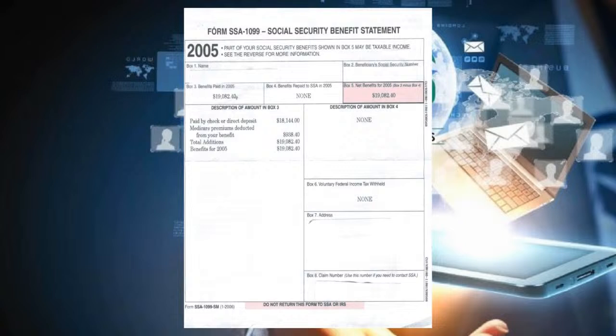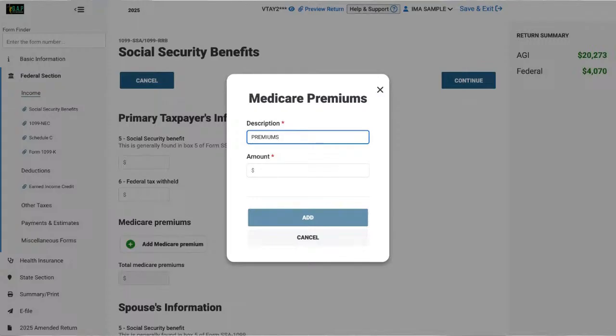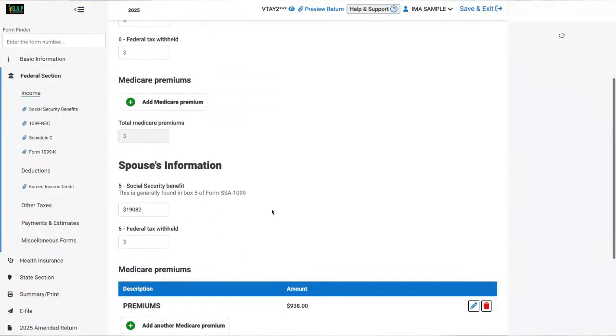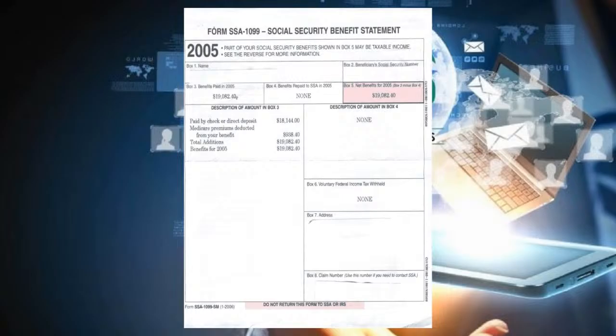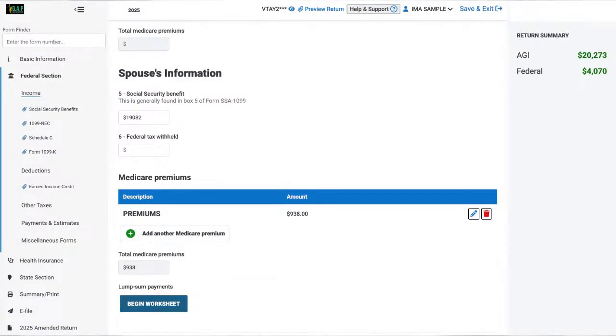So I'm just going to put, it doesn't give us a specific type, I'm just going to put premiums. And the amount, $938. And that is what it says right there. Medicare premiums deducted. And now I have the premium amount in there as well.